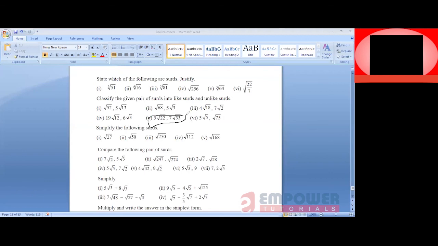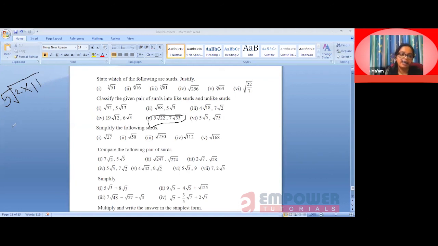Unlike surds. Why? Ma'am, because if we simplify root 22, it will be like surds because 11 is common. But again, though 11 is common, neither 3 nor 2 is a perfect square. So I cannot take this outside the square root form, outside this radical.